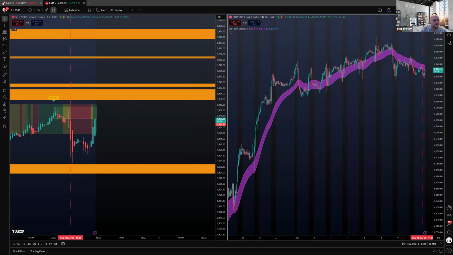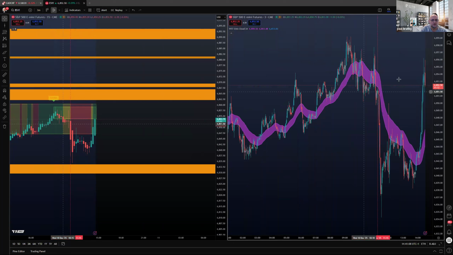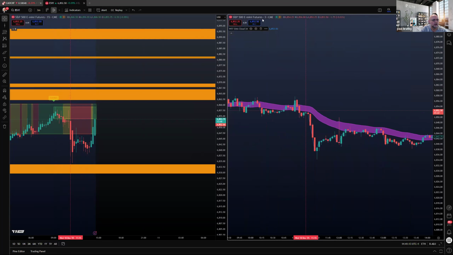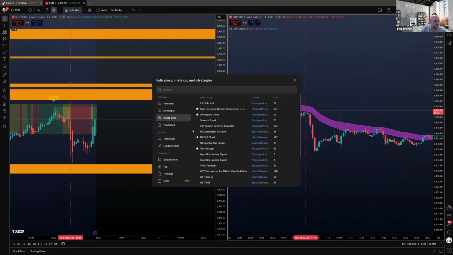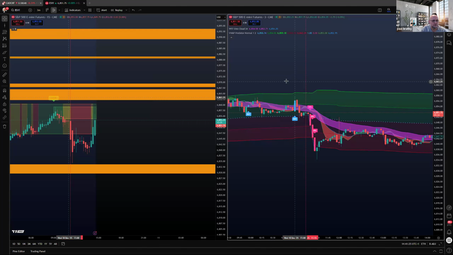And let's add, I'm going to go time frame here, 3 minutes. I'm going to add VWAP predator. I can't see the wood for the trees.